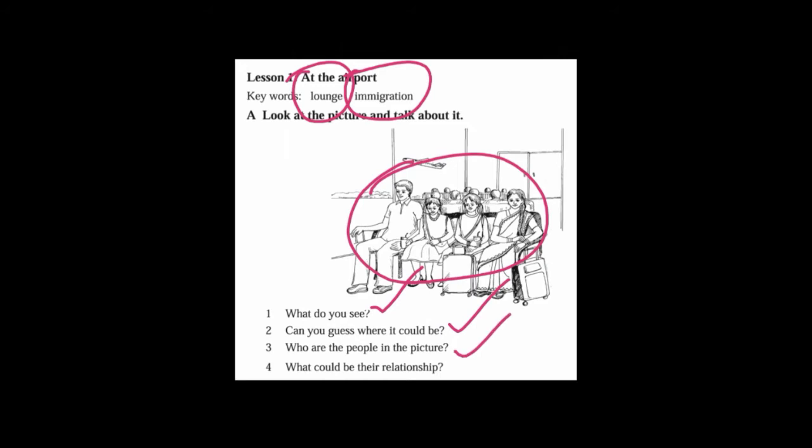They are passengers, and they are a family, with kids, father and mother. As I didn't go through the passage, I really don't know who they are. The fourth question is, what could be their relationship? I told you earlier, they are members of a family.